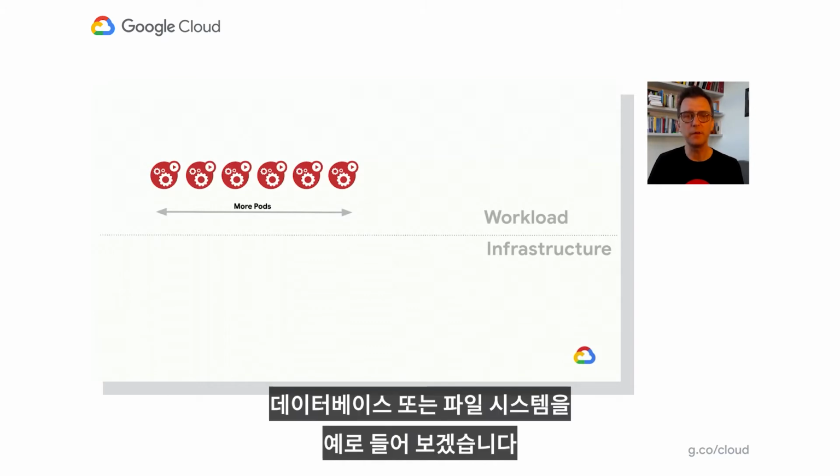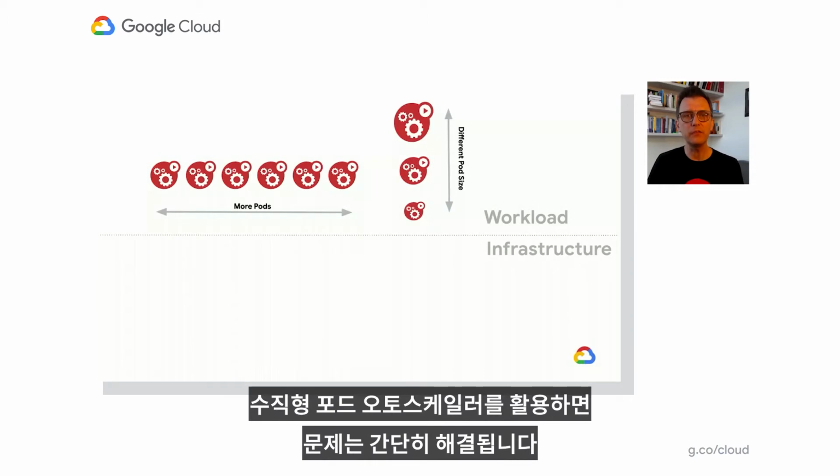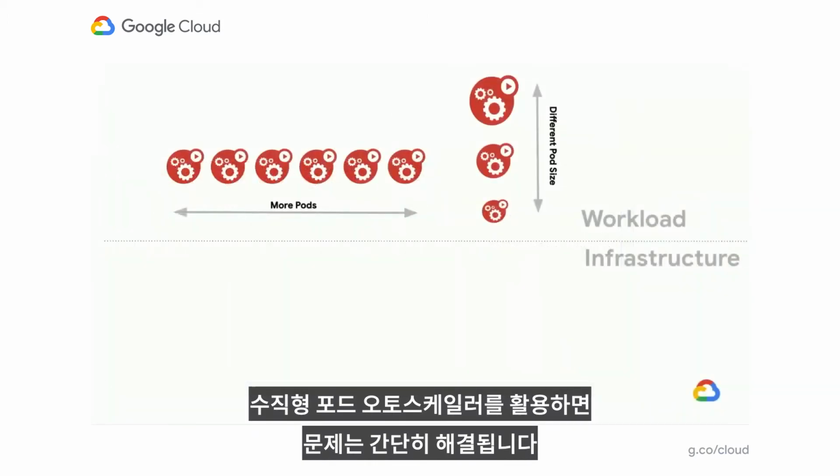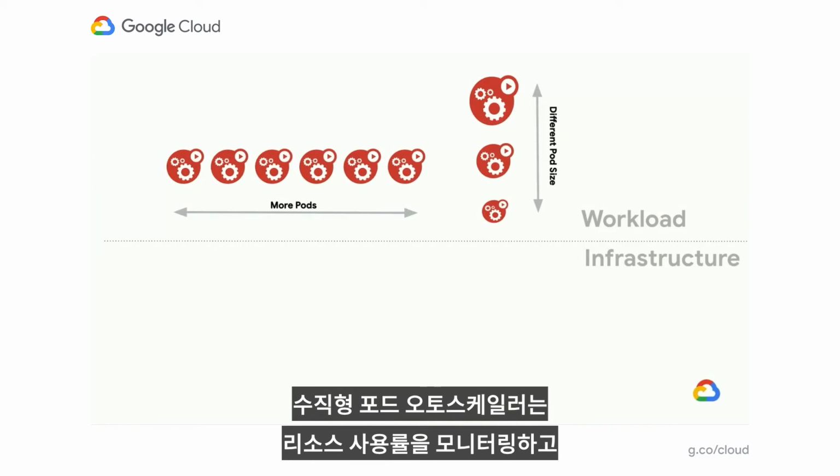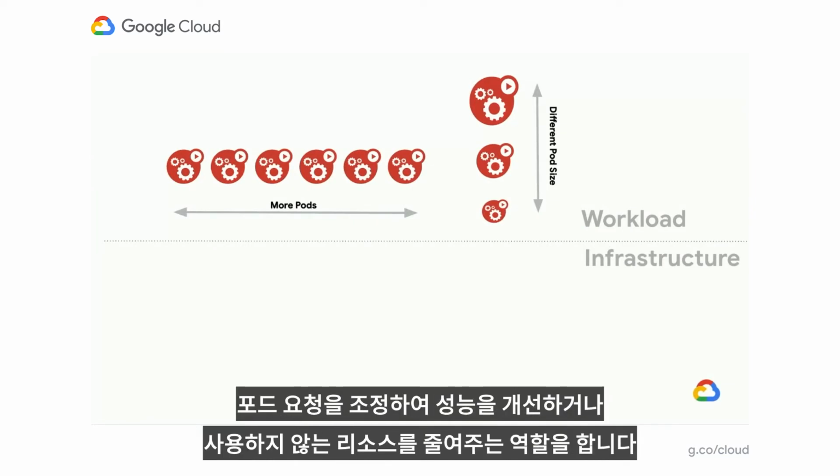Take a database or file system as an example. This is where vertical pod autoscaler comes to rescue. It is monitoring the resource utilization and allows for adjusting the pod requests to either improve performance or reduce unused resources.